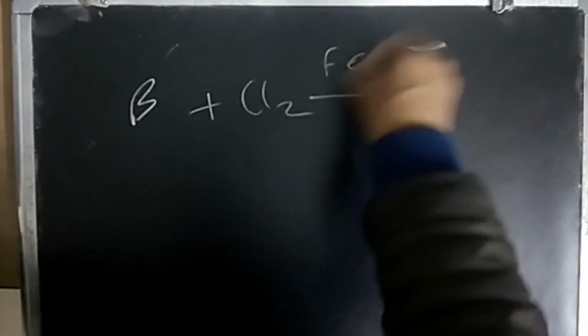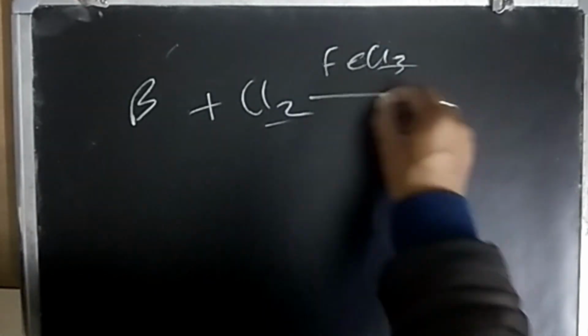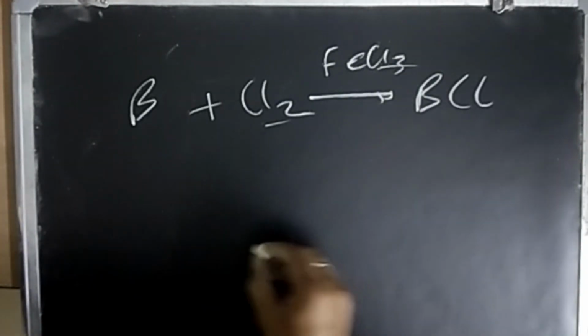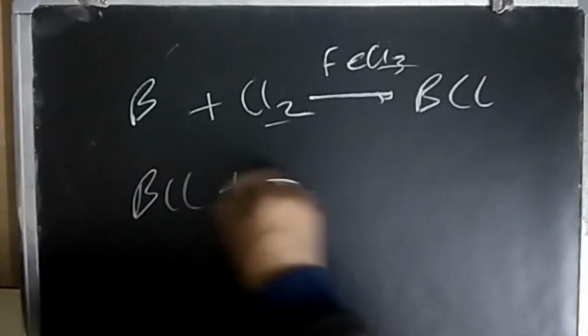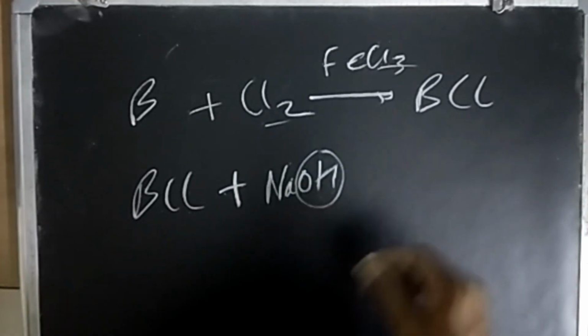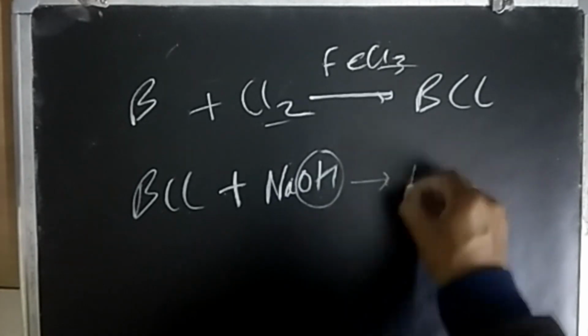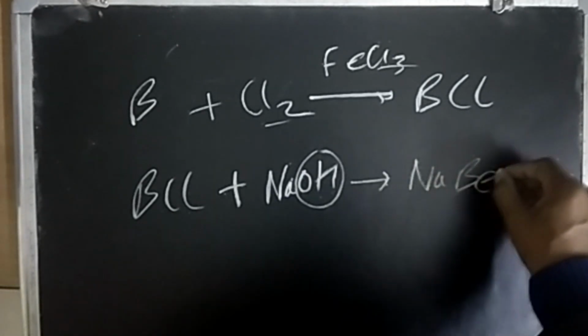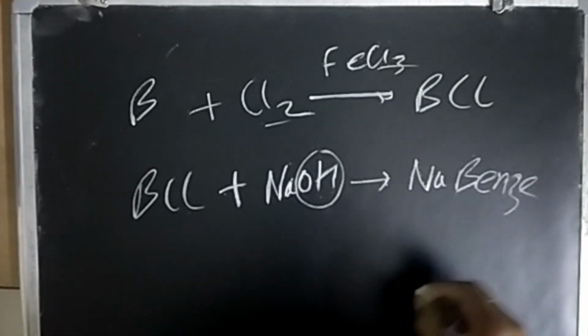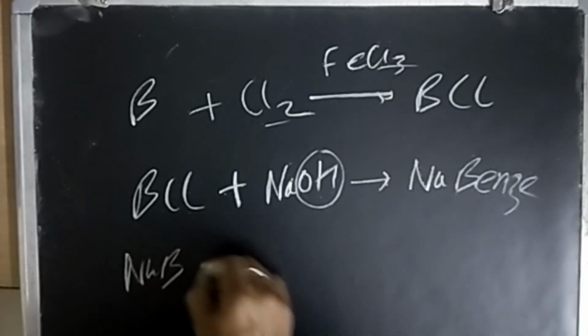Next, phenol from benzene. From benzene, first add Cl2 with FeCl3, and then we will get benzene chloride. Then this benzene chloride plus NaOH, so that we can get the OH for phenol, but this will create sodium benzoate, sodium with benzene. And finally, we need to remove this sodium.